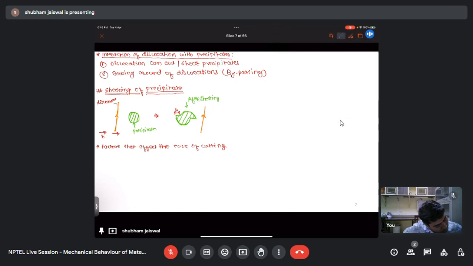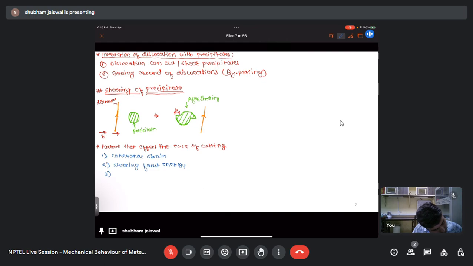The first one is, let's say, coherency strain. The second one is the stacking fault energy.